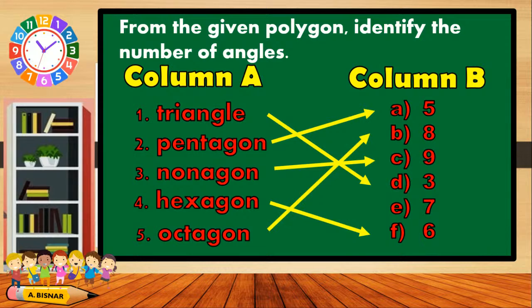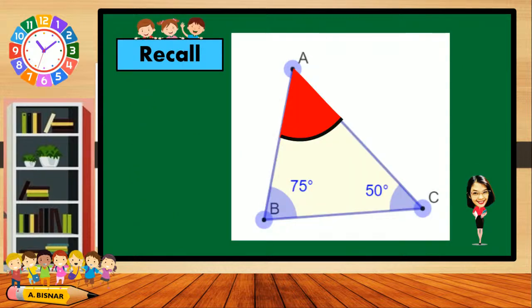So these are just part of what we have studied last week. So next, let us try to recall again what we have studied last week, which is about triangles. What is the measurement of the missing angle, which is angle A? If you could still remember from what we have studied last week, the sum of the measures of all the angles of a triangle is 180 degrees. Now, what is the measure of angle A?